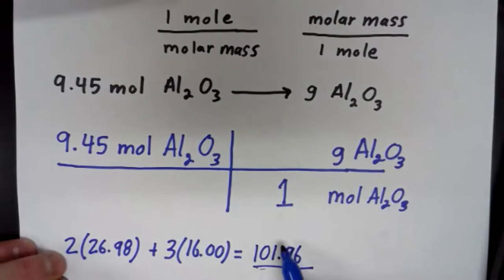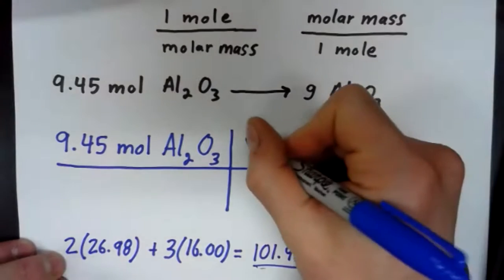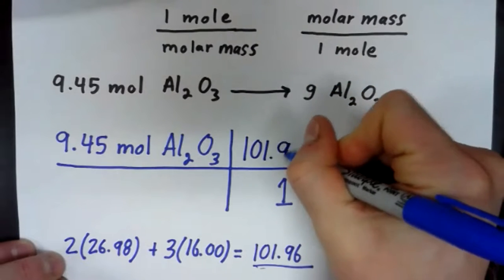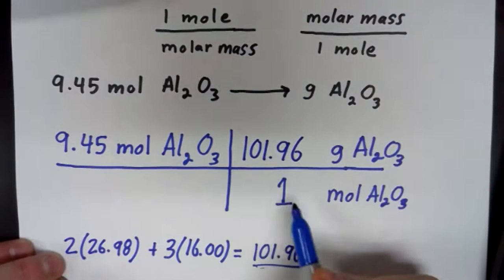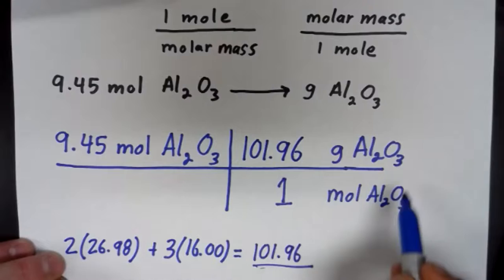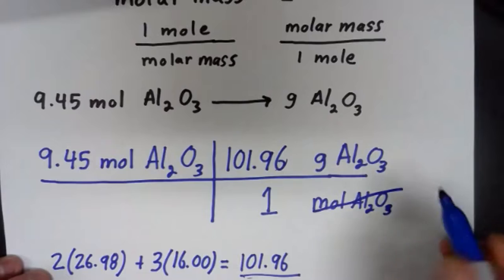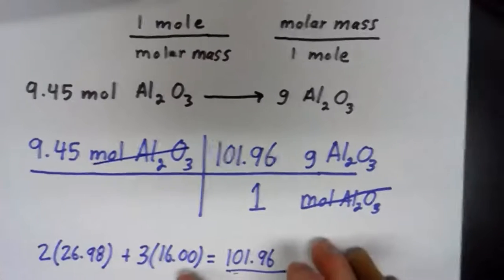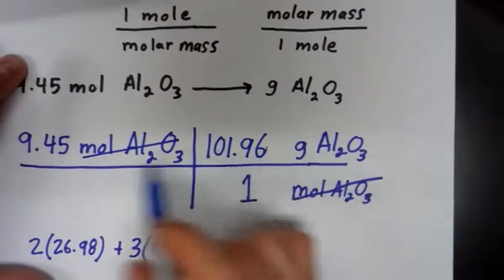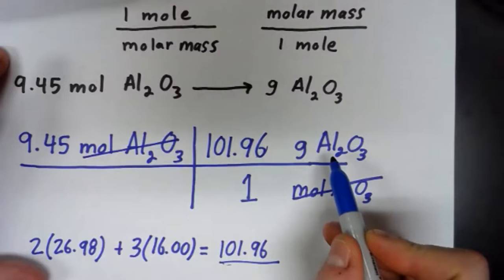So this is what we are going to plug in this part of our conversion, 101.96. What we're seeing here is that for every 1 mole of aluminum oxide, we have the molar mass of aluminum oxide, which is 101.96. We're going to be able to cancel out those units, leaving us just with grams of Al2O3.